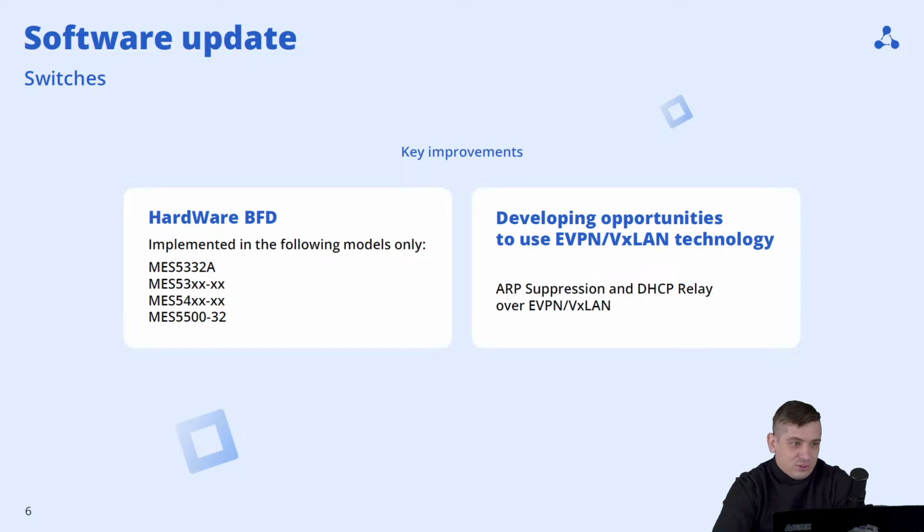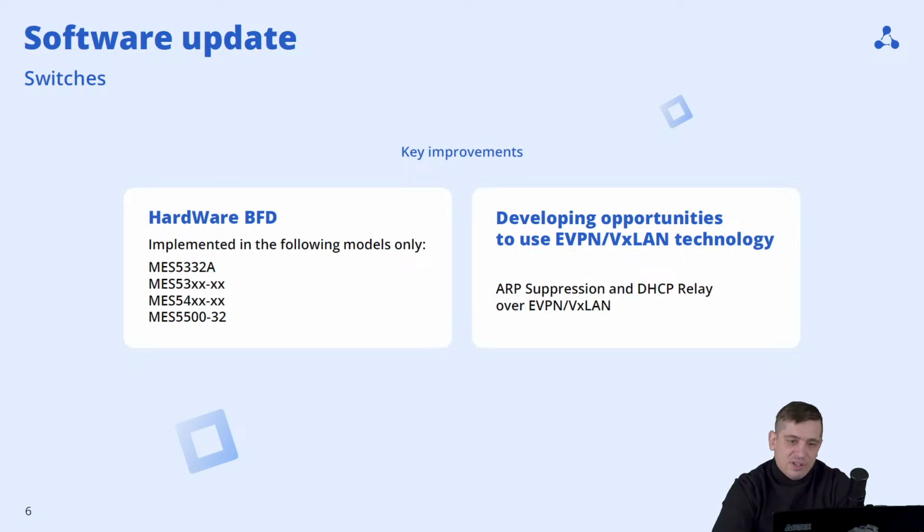Of course we made some software elaborations. I think the most demanded option is the implementation of hardware BFD for models like MES 5332A, MES 53 series X, MES 54 series X, and MES 550032.